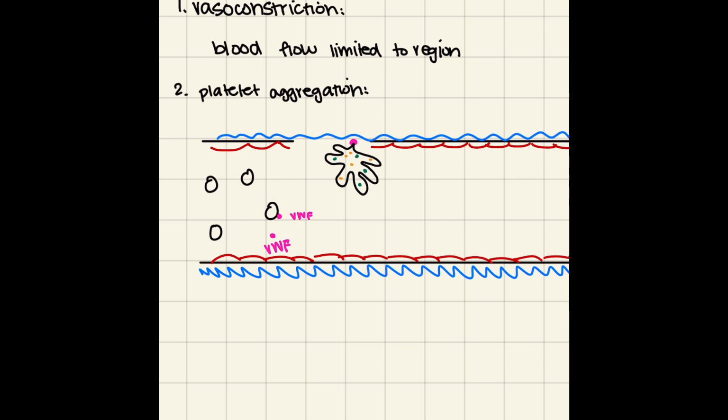Alpha granules, which I'm going to say are green, release more VWF, which then are going to activate more platelets, which are going to stick to the collagen. The VWF is going to stick to platelets and be attracted to collagen. They're going to be active, and then this thing just keeps happening, right? So we have this amplifying effect when we start releasing alpha granules.